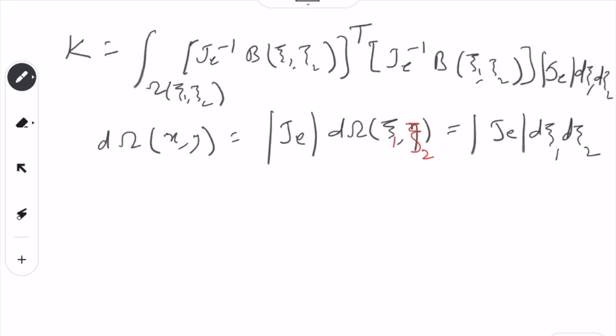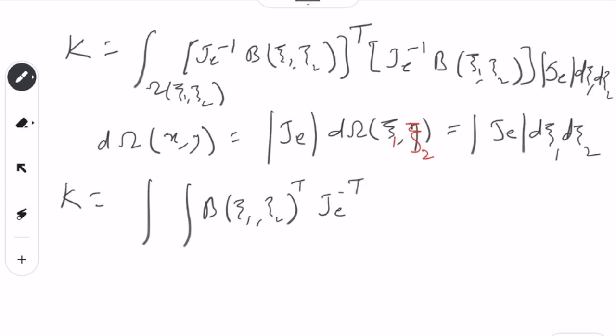Now, converting that into a double integral, you can write k equal to the integral of B of xi 1, xi 2 transpose, J e inverse transpose, D, J e inverse, B of xi 1, xi 2, times the determinant of J e, and d xi 1. So, how do we write that?